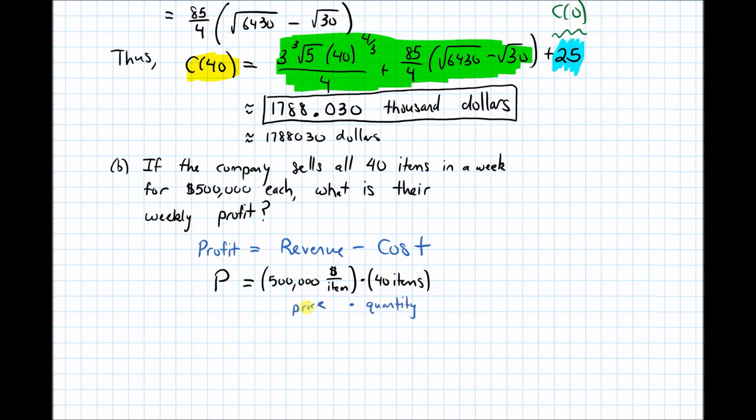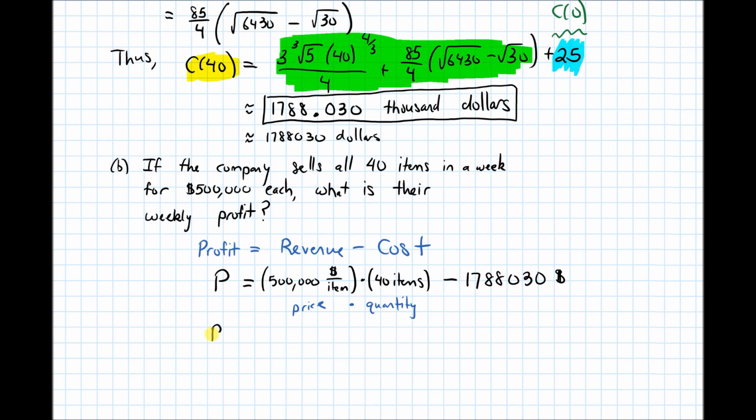Alrighty, so I just shifted that over a little bit so it aligns better. And then minus the cost that we just got. So minus $1,788,030. This is in dollars. It's a little bit weird to write the dollars after this, but nonetheless I can.